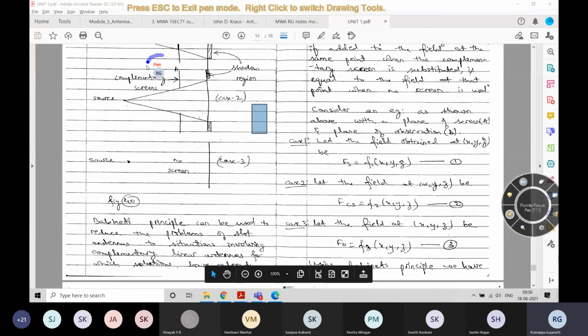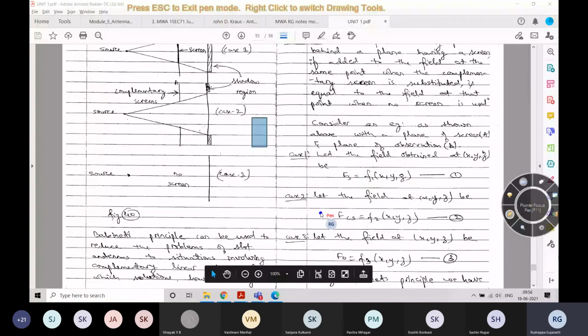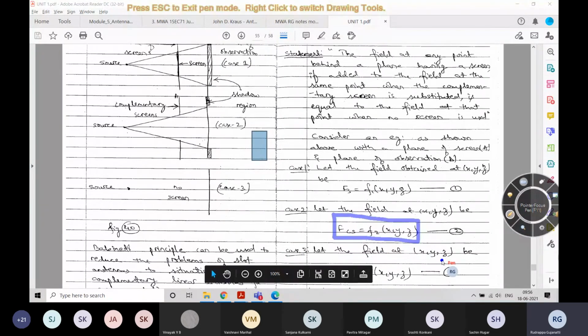At the same point, we measure the field value, and we get the complementary field FCS, which is equal to F2 of X, Y, Z.